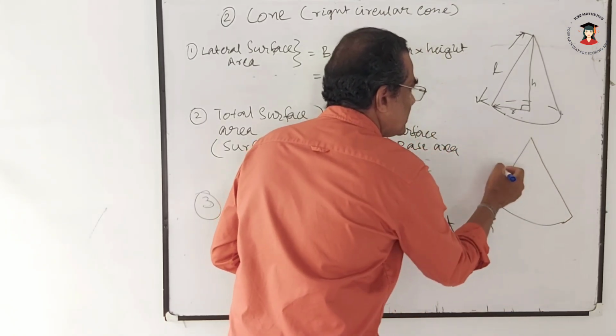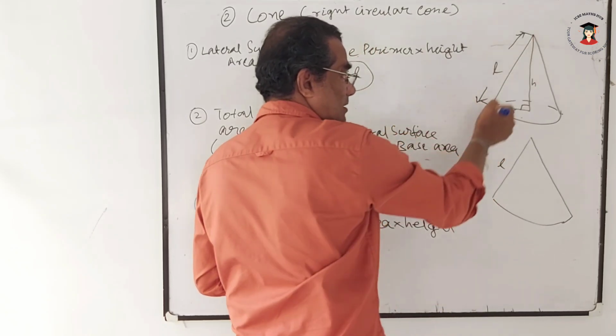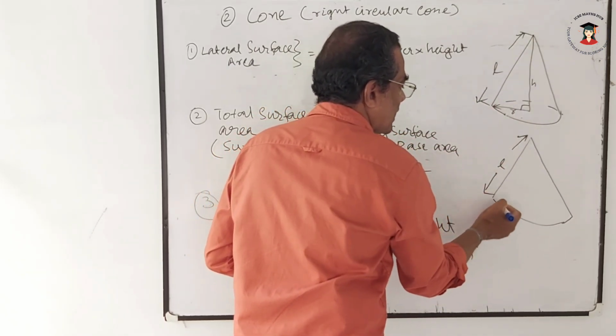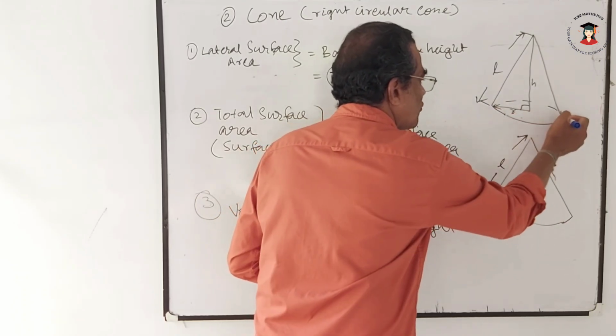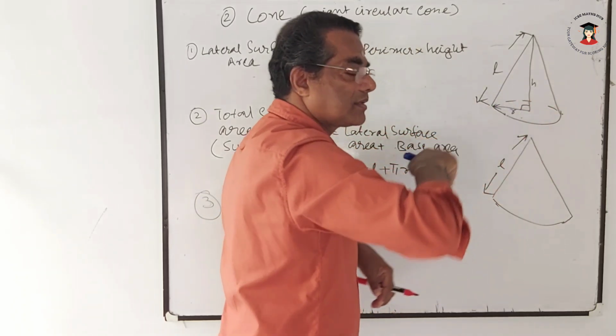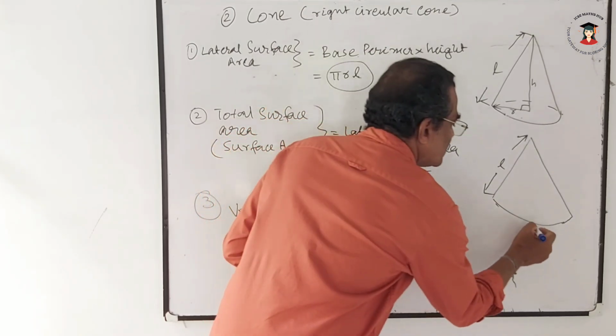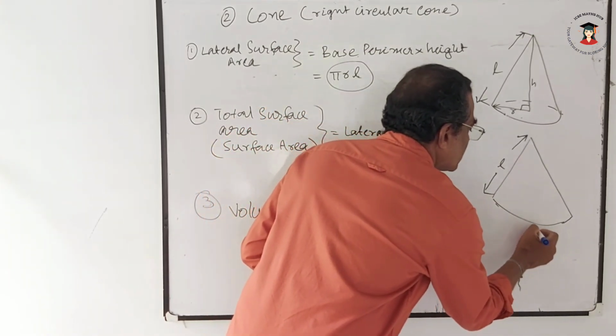And this will be L because it is like this. And the whole length now seems like this, and this will be the perimeter 2 pi r.